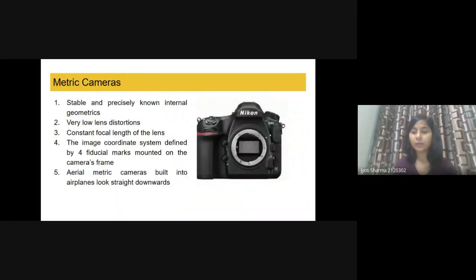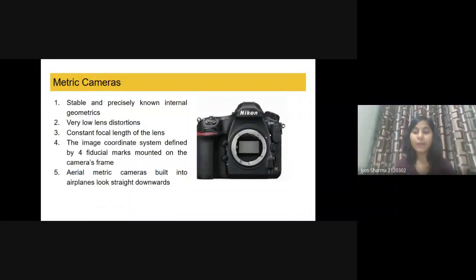We have two or more different types of cameras. The one is metric cameras, which means you can exactly measure how much distance you have from that object. This is possible because the internal geometry inside the camera has been fixed. Only then can we do measurement with the images.